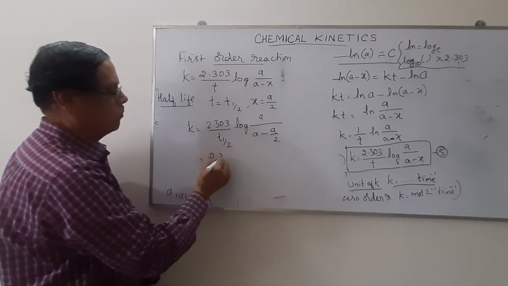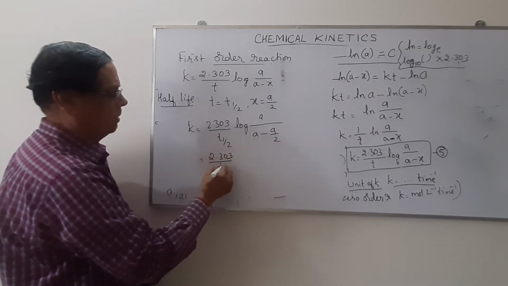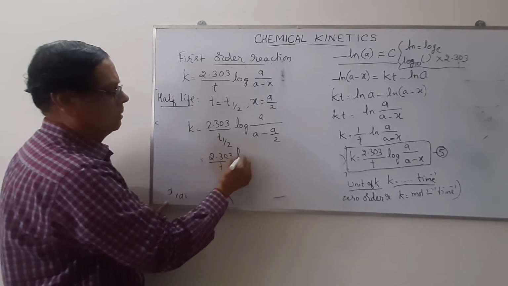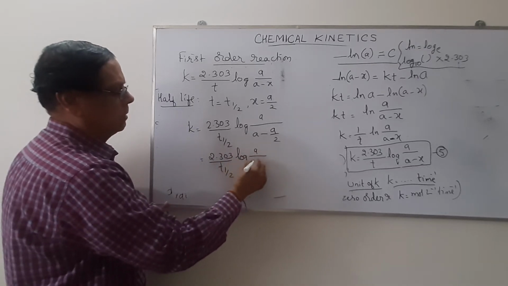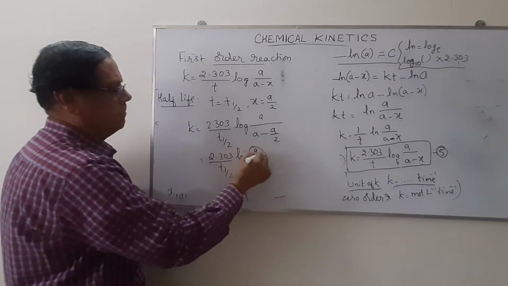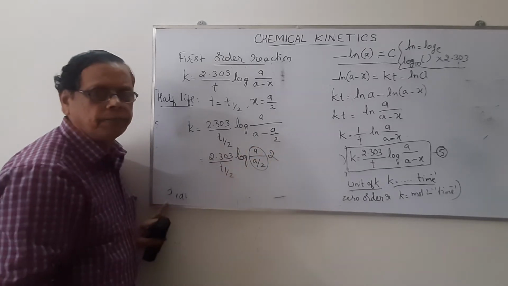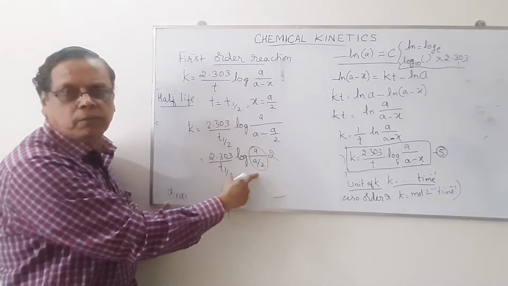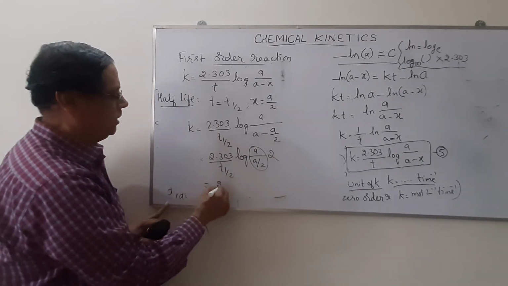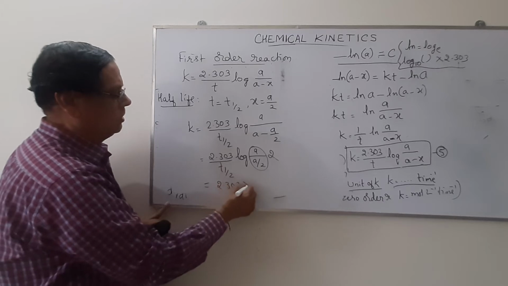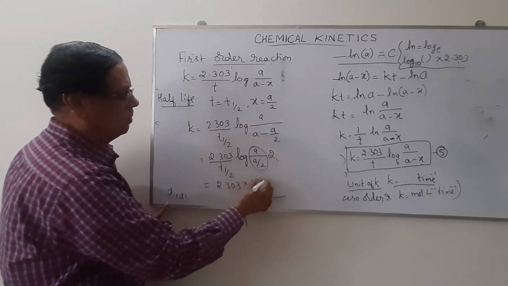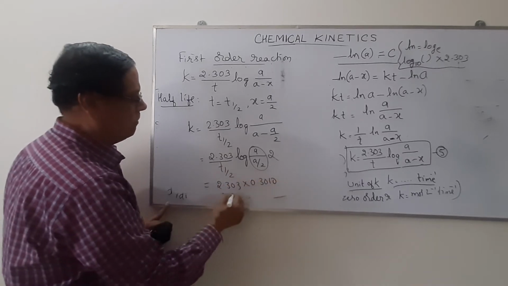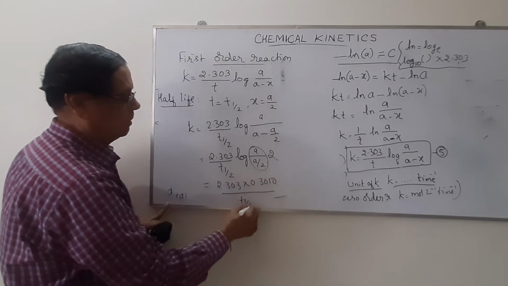So we can write this as 2.303 by t half log a by a by 2, which is nothing but log 2. Log 2 is nothing but 0.3010. So we have 2.303 into 0.3010 divided by t half.